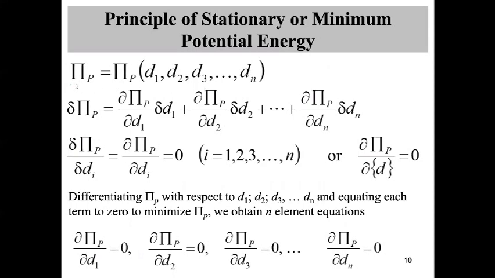If the total potential energy Πp is a function of n number of displacements d1, d2, d3, up to dn, then the total change of this function Πp will be the partial derivative of Πp with respect to d1 times delta d1, plus the partial derivative of Πp with respect to d2 times delta d2, plus the partial derivative of Πp with respect to d3 times delta d3.